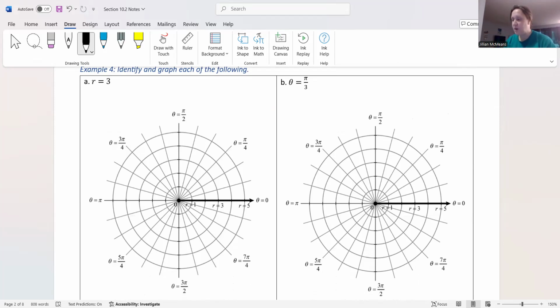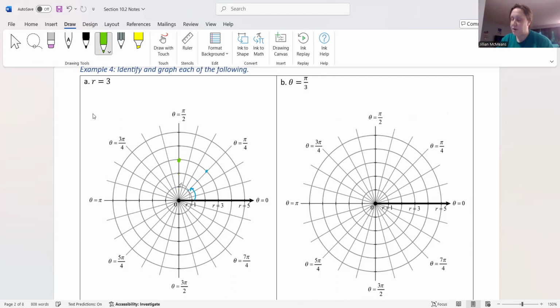So I could choose theta of pi over 4. Well, r would have to be 3. I could choose theta to be pi over 2. Then I would still get r equals 3.